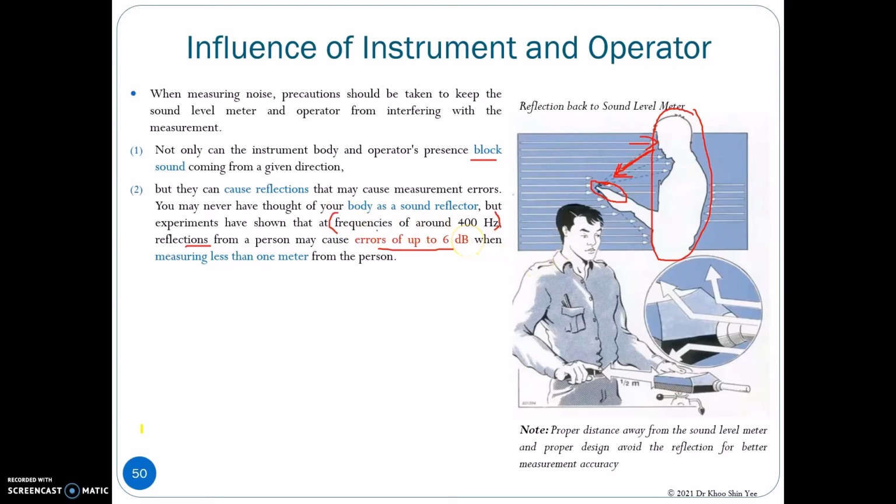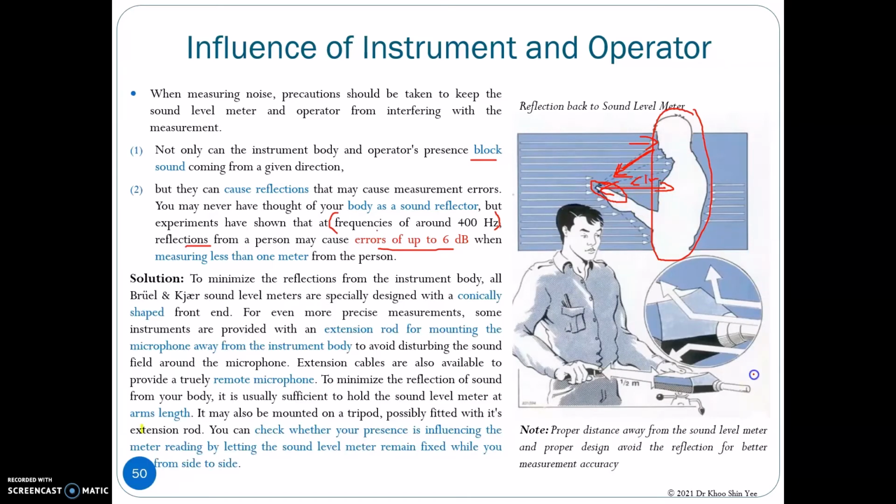This happens when you hold the sound level meter less than 1 meter away from you. To avoid the refraction from the sound level meter, it is designed in a conical shape. This design helps to refract the incoming sound in other directions instead of back to the microphone.